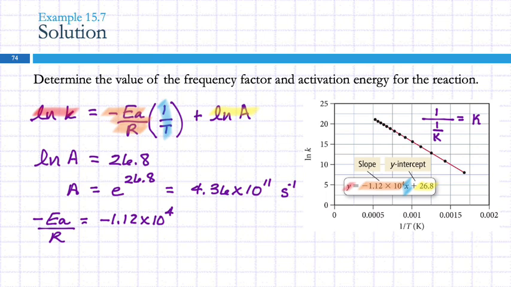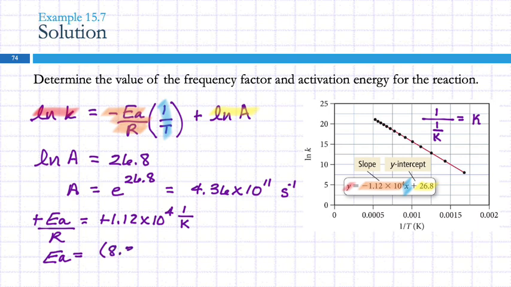The units here are not a big deal, but I just want to show you that they do work out. So this would be 1 over Kelvin. Well, how do we solve that? Well, we can isolate EA, multiply both sides by negative 1, and then multiply by R.